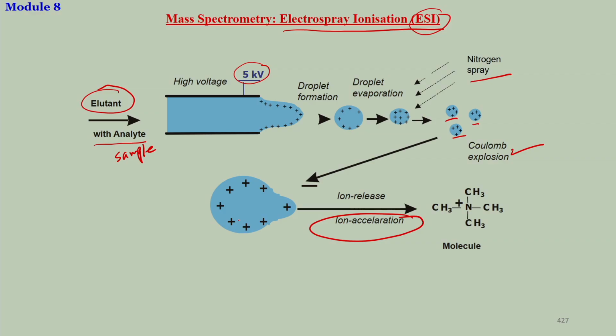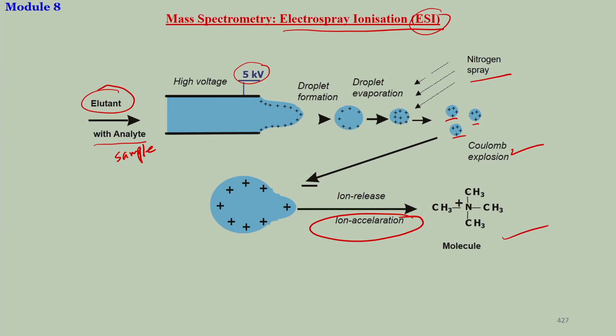There it will interact with your moving charge. If you have multiple components here, according to their charge they will move through the ion accelerator, and obviously they will interact with the accelerator, because the accelerator also has a charge, and then they will ultimately reach the detector.